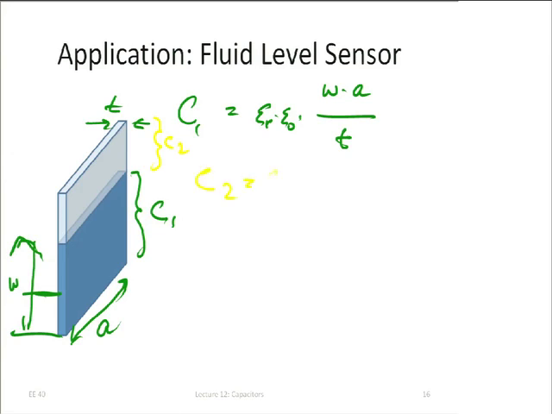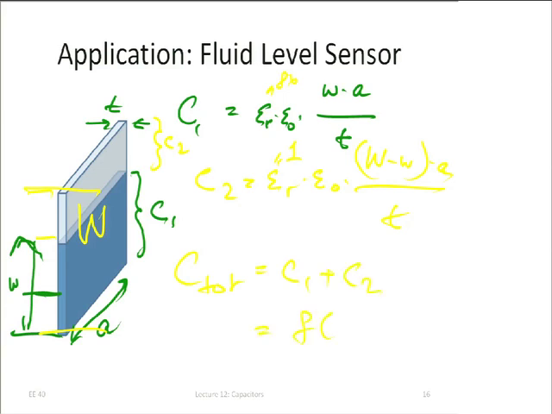C2 is equal to epsilon r times epsilon 0 times, let's call the entire width capital W, so W minus W times A over T. And epsilon r here is 1 for air, and here it is on the order of 80 for water. And so you will see that the total capacitance C total is going to be C1 plus C2. That's going to be a function of the fill level W.